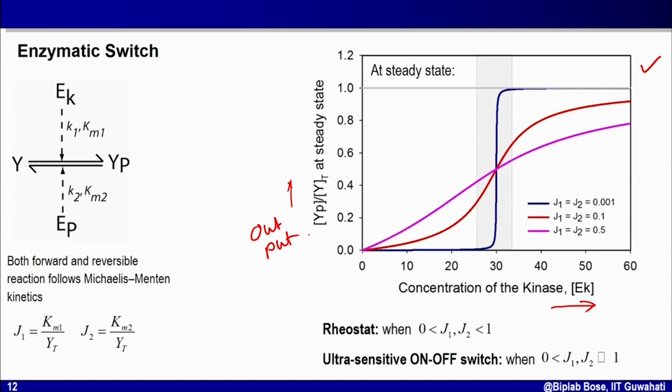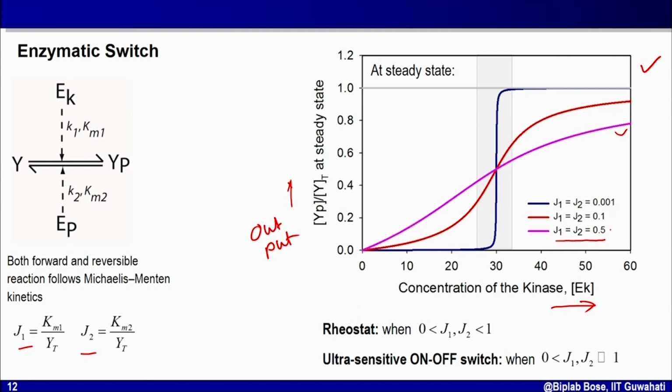So then you can draw different sigmoidal type curves based on values of J1 and J2. Let us look one by one. When J1 and J2, both of them, are equal to 0.5, in that case I get this pink curve. Slow, very shallow sigmoid.